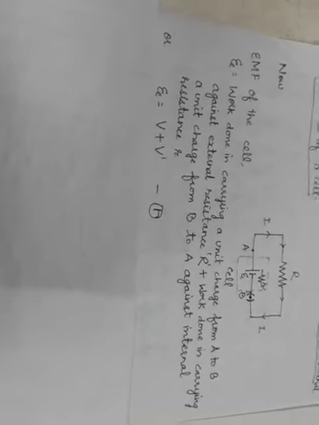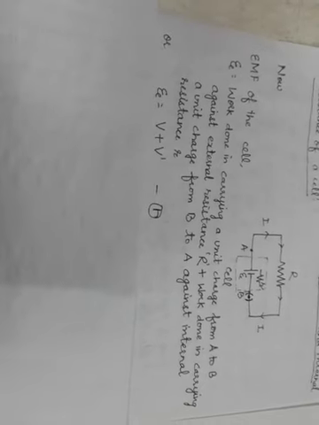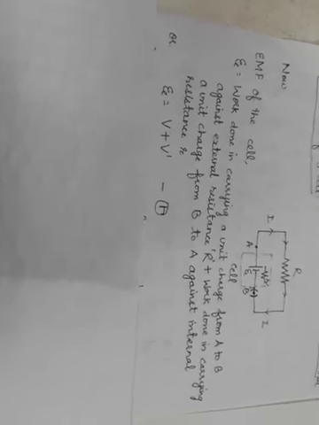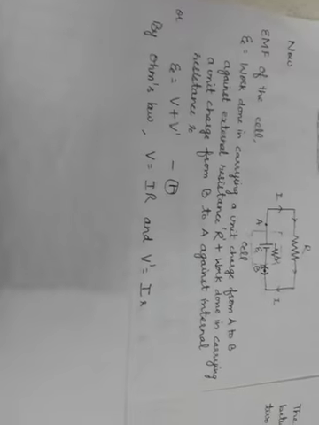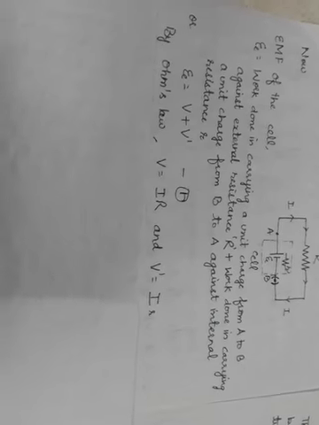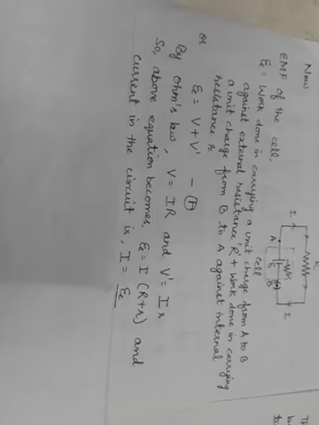So, E will be equal to V plus V dash. Here V is the terminal potential difference and V dash is the potential drop across the internal resistance of the cell. Now, using Ohm's law, V will be equal to I into capital R, where R is the external resistance, and V dash is equal to I into small r, where small r is the internal resistance.